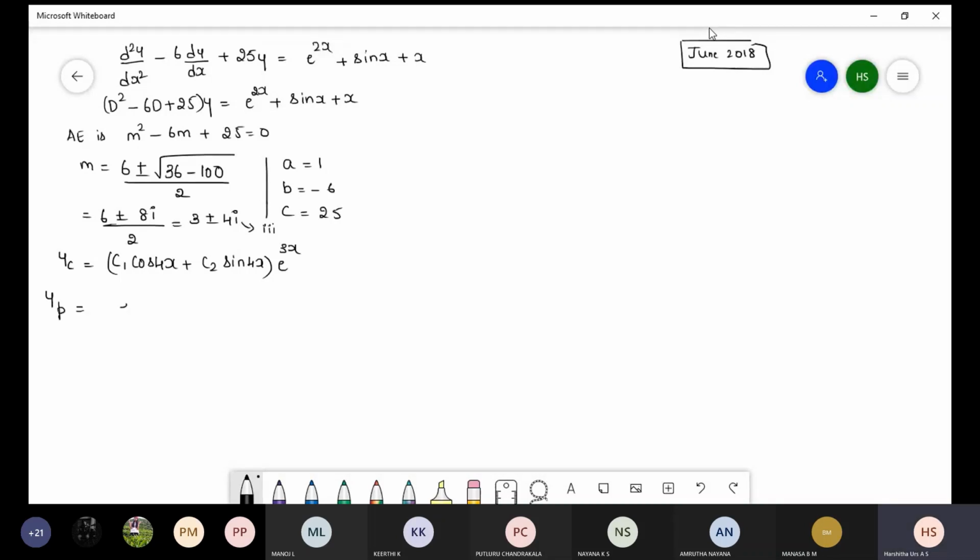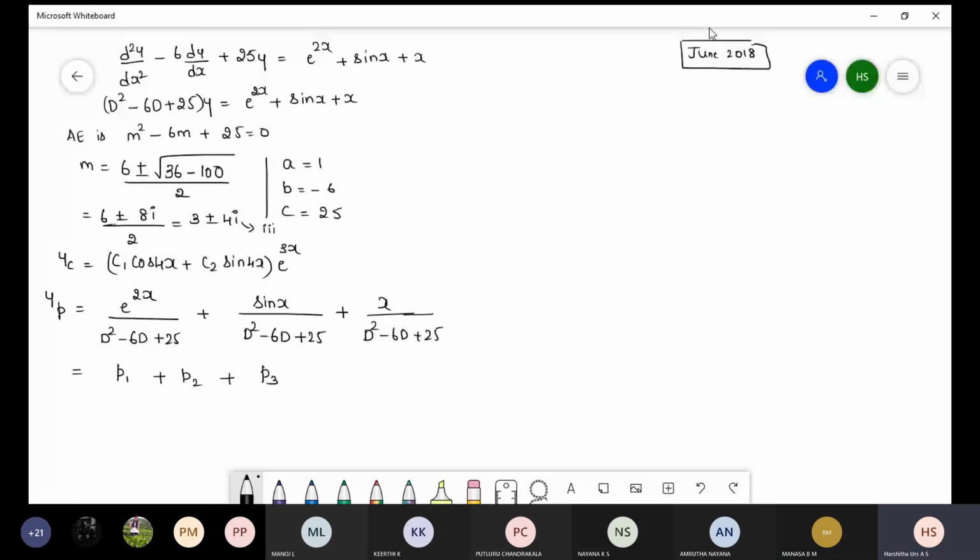Individually I will take e power 2x divided by d square minus 6d plus 25 plus sin x divided by d square minus 6d plus 25 plus x divided by d square minus 6d plus 25. So I will take P1 plus P2 plus P3. First we will find out the P1.